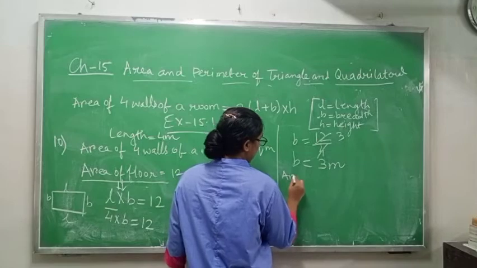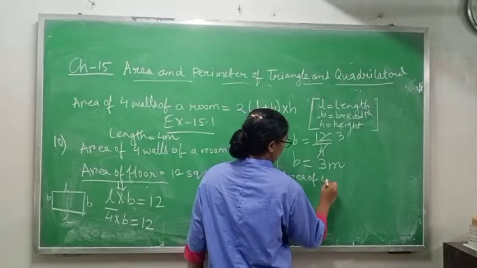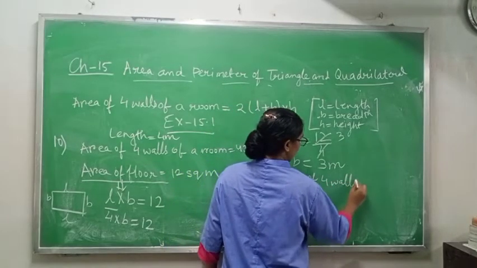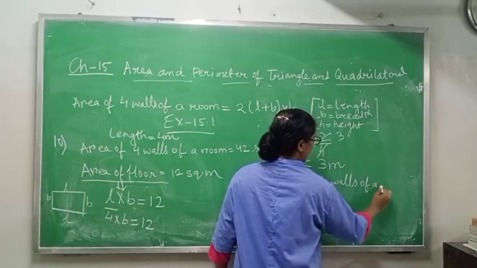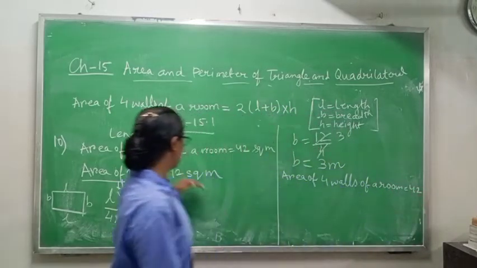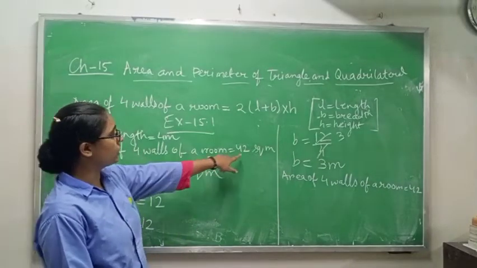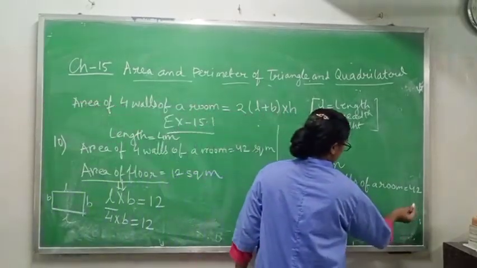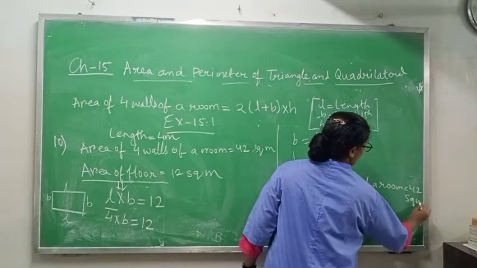Now you know that the area of 4 walls of a room is given as 42 square meter. So you can write 42 square meter.